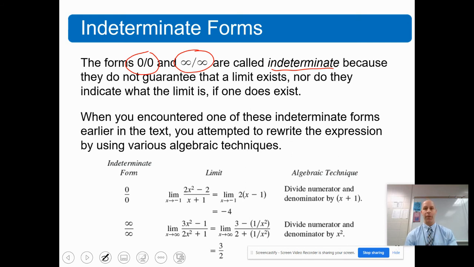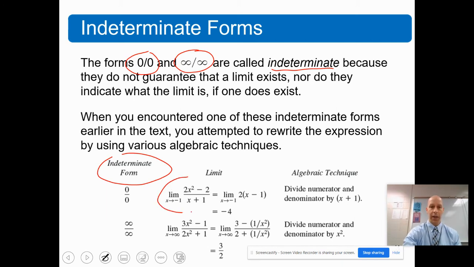It could be 0 for the limit, it could be 10, it could be a half, it could be e. So 0 over 0 is not 0. It could be 0, but it most likely is not. It could be anything.